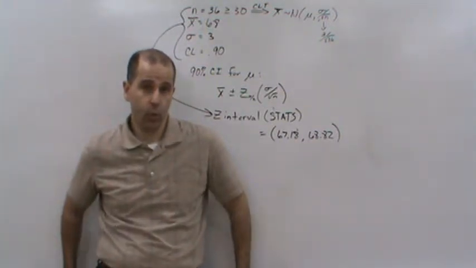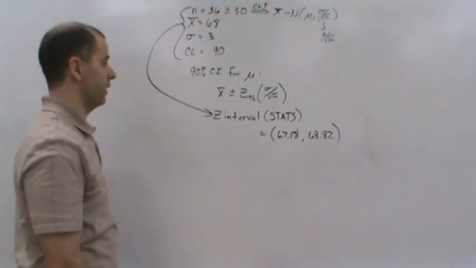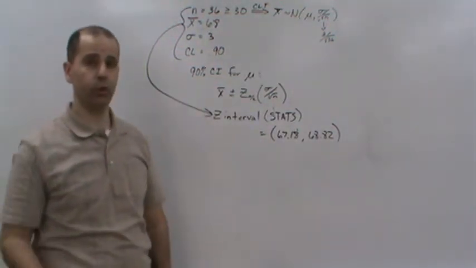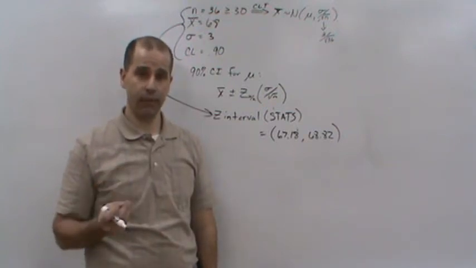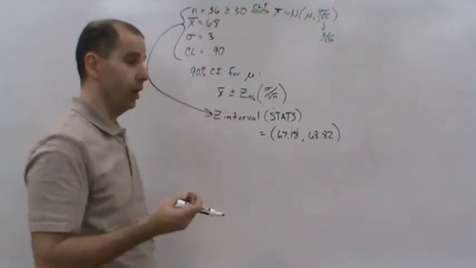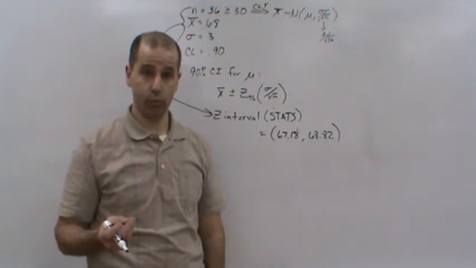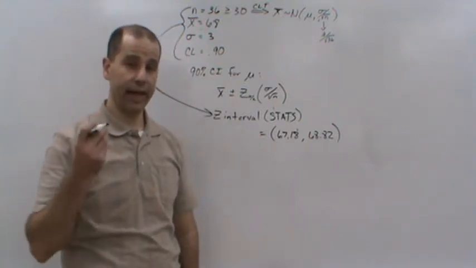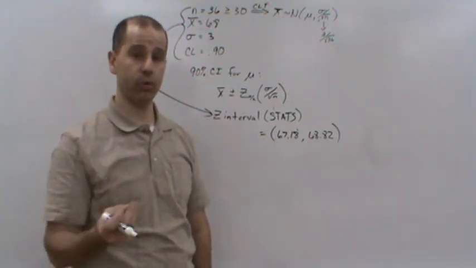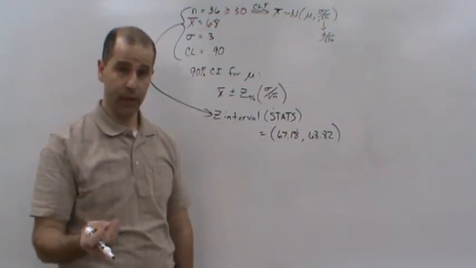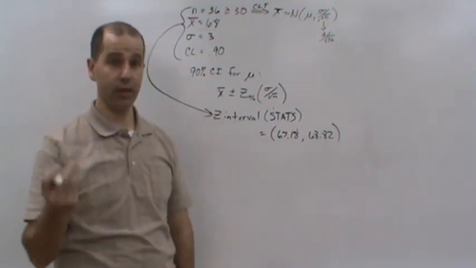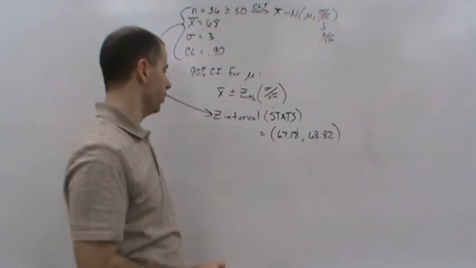Okay? So the way you interpret is you have to make sure you include three important pieces of the confidence interval. You have to mention the confidence level. The interpretation has to be about the parameter of interest, and you also have to mention the interval. Okay, so you have to do that.